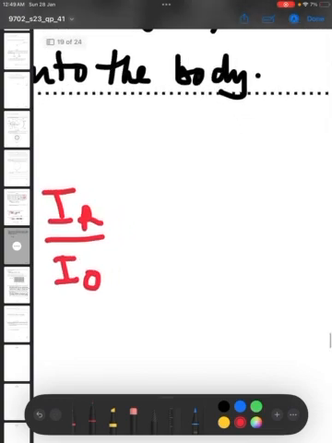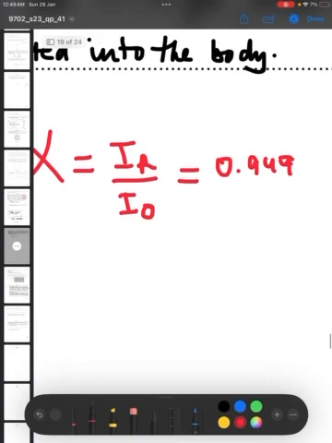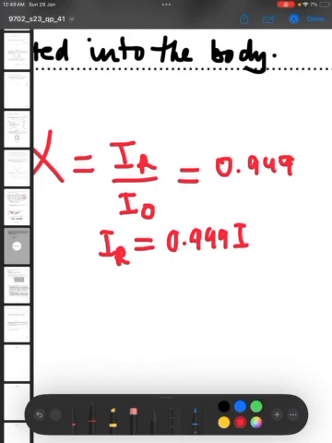So when we get IR over I naught as 0.999, which is approximately, if we round off here, this will become 1. It means that we can say IR, if I multiply both sides by I naught, is equal to 0.999 of I naught.